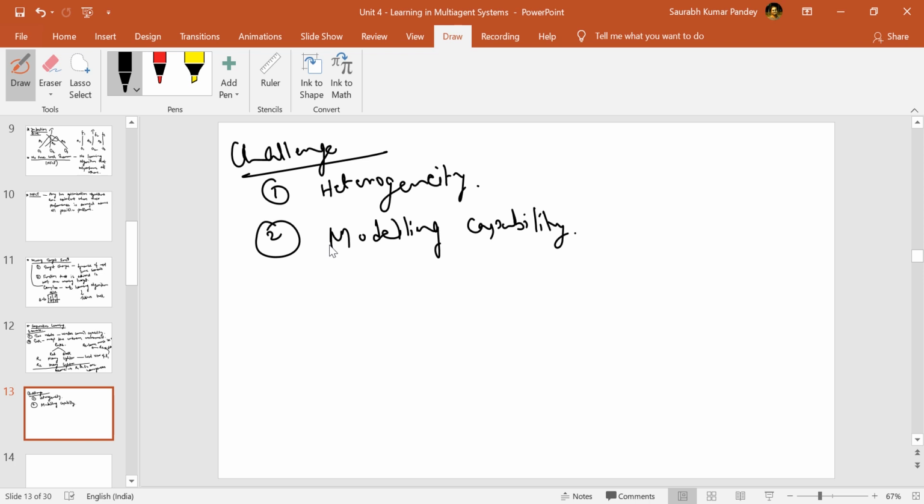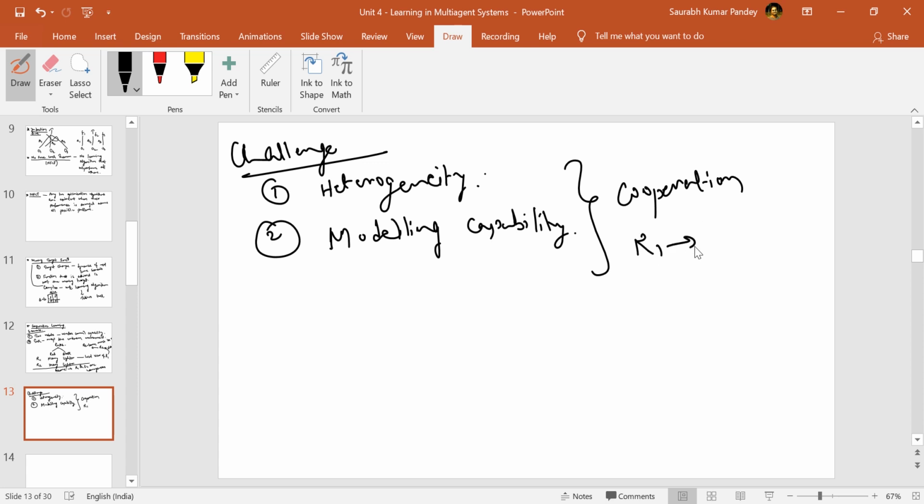So if you try to map these two challenges, how is cooperation happening? They are learning, but how?